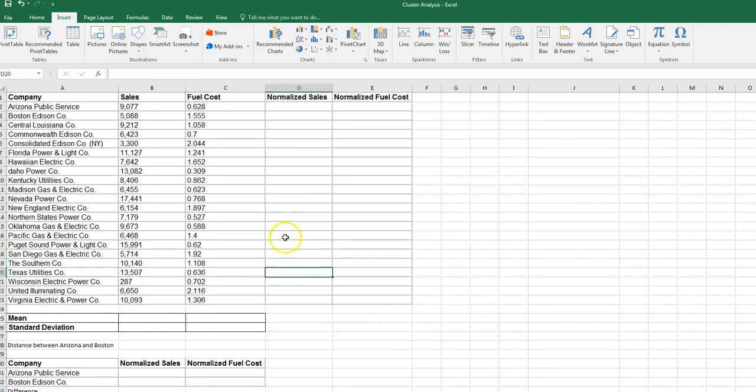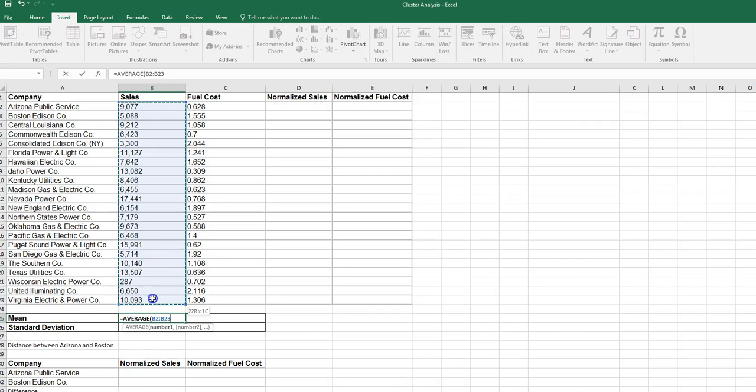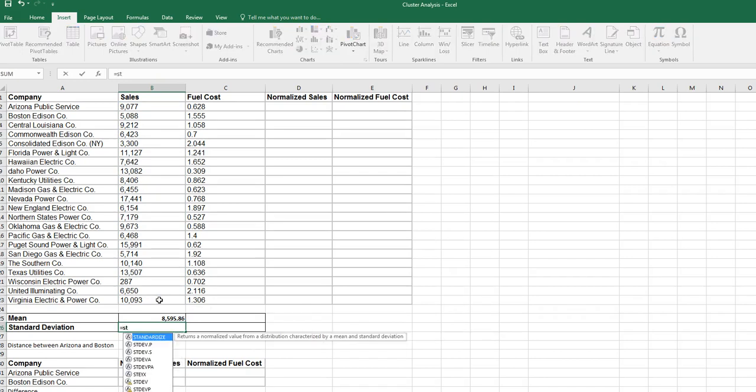In order to calculate normalized distances, we would first have to get the mean and standard deviation of these attributes, and I'll calculate that here. Getting the average sales across all 22 companies and getting the standard deviation.